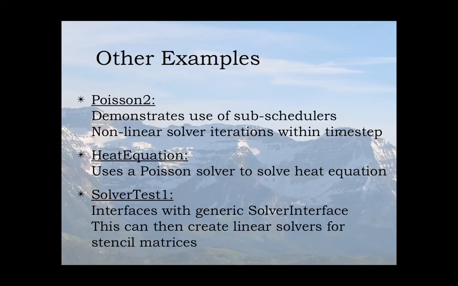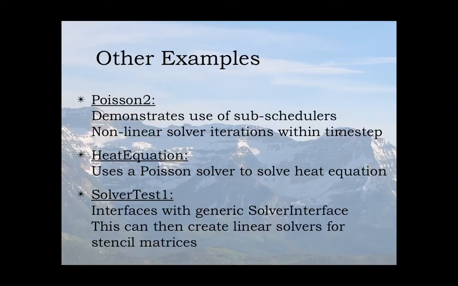There's also a solver test. This is one of the nice features of this framework: you can interface with a generic solver interface, and that solver interface can then call different solvers. For example, there's a linear solver package called Hyper. What you can do is, if you have a stencil, let's say you're at a grid cell that's here, so your stencil looks something like this.